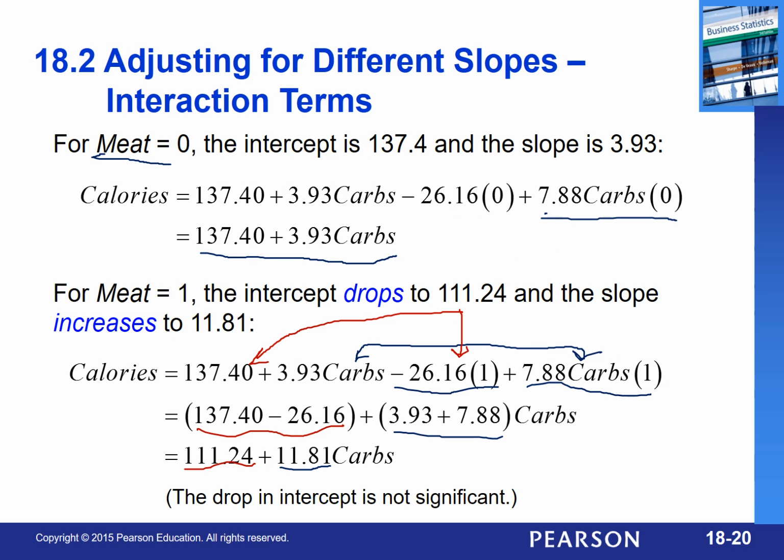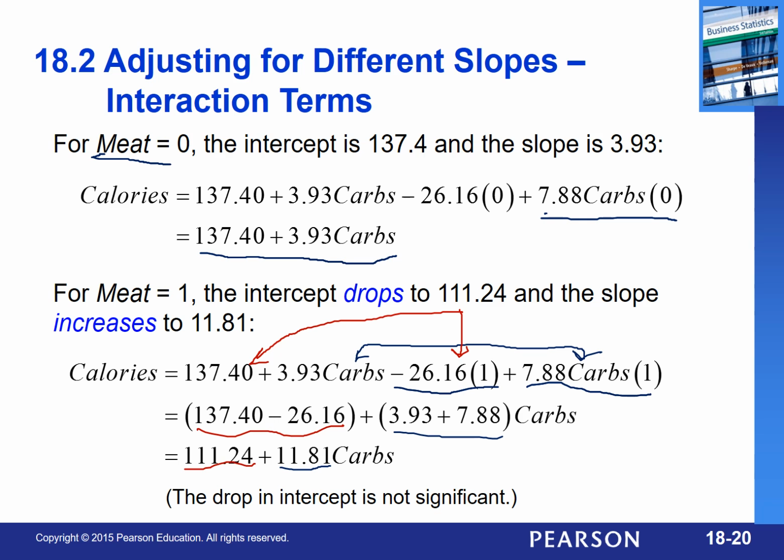So here's what I want you to keep in mind. If there is no meat, meat is 0. And so they have a 0 in the interaction term right there. So this does nothing. So we add 0. Just kidding. We get the following value. Ta-da! That's what our calories prediction equation will look like when that happens. Now, if meat is present, then look what we've got. We've got a 1 here and a 1 showing up here.